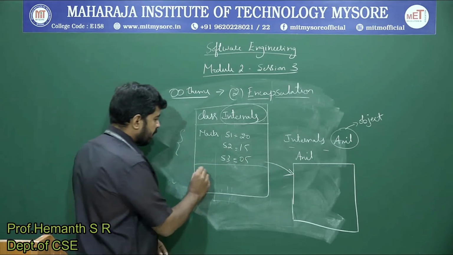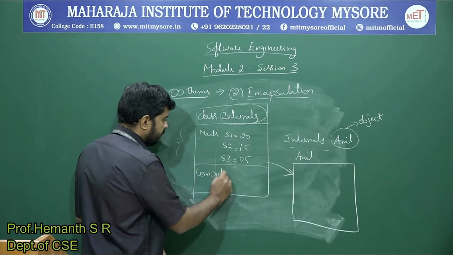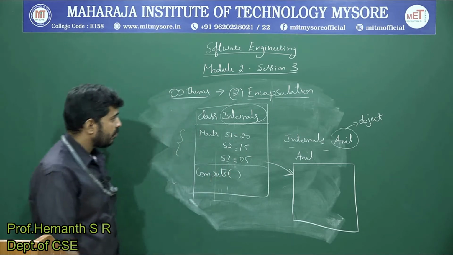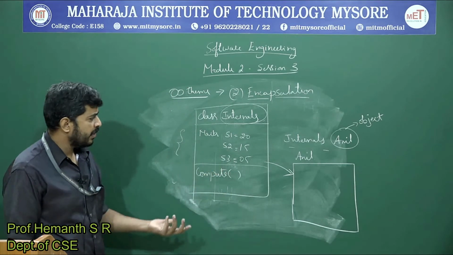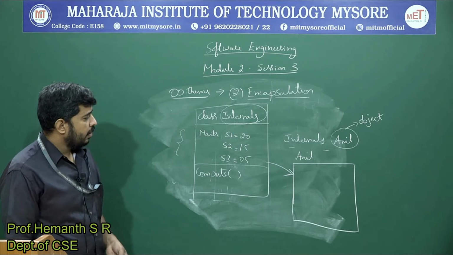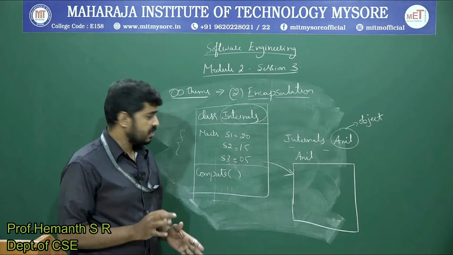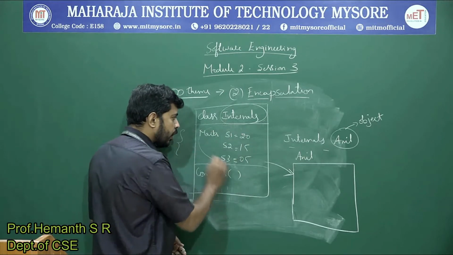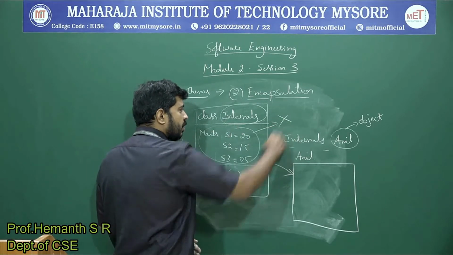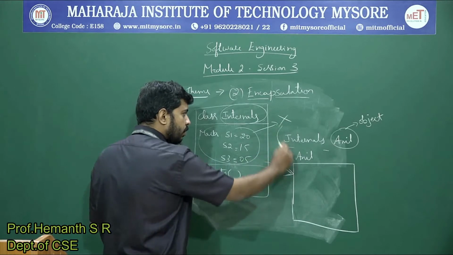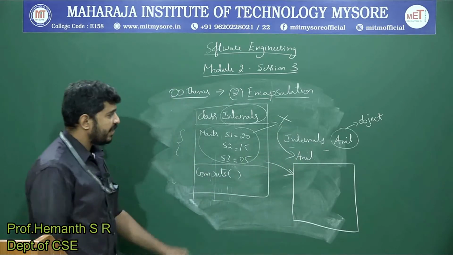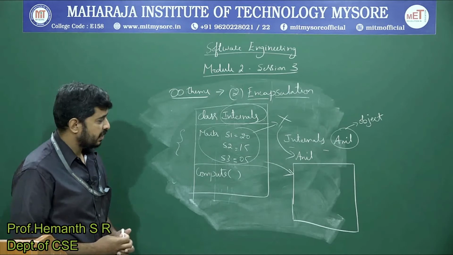For example, compute is the function here. It may be within the class, or maybe it may be outside. But our design plan is that the data should not be accessible to the Anil object. Can we have this design?